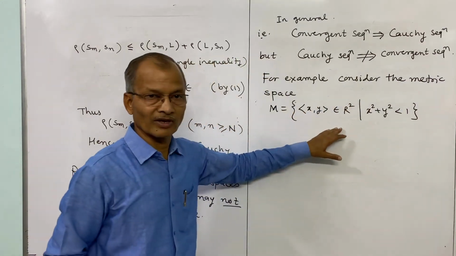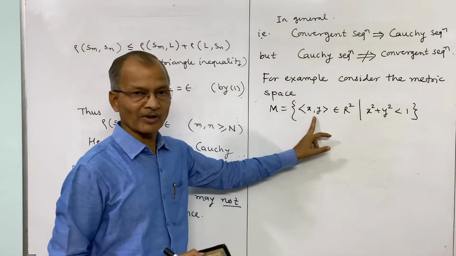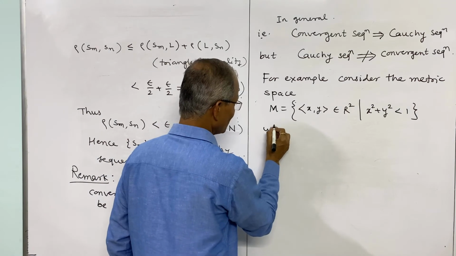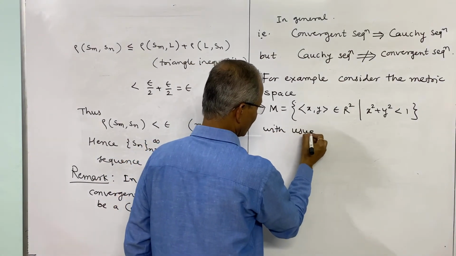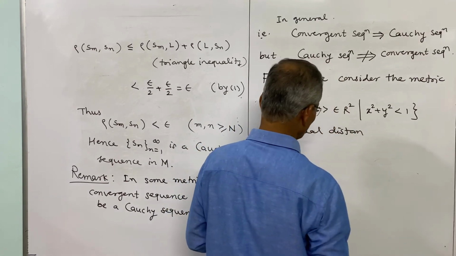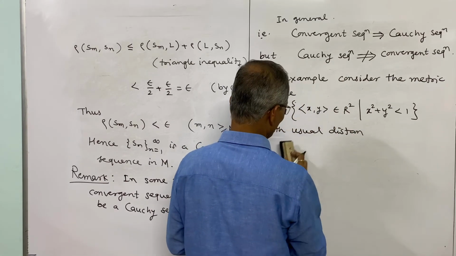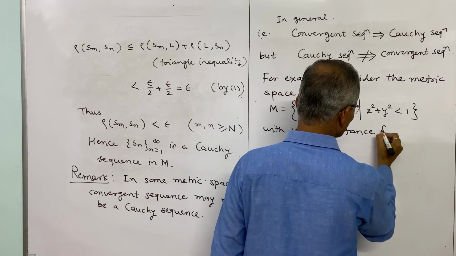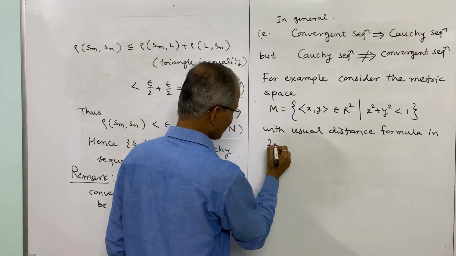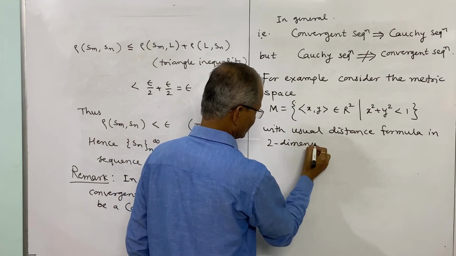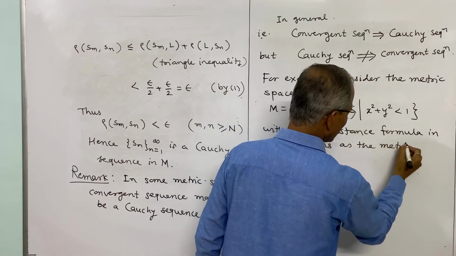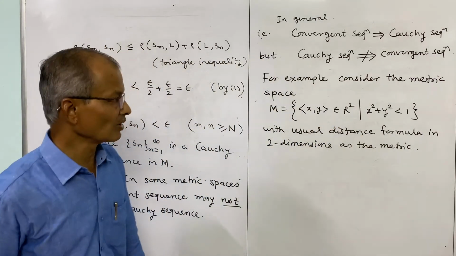This is the set we have considered, and because it is an ordered pair, the metric will be the usual distance formula in 2 dimensions.